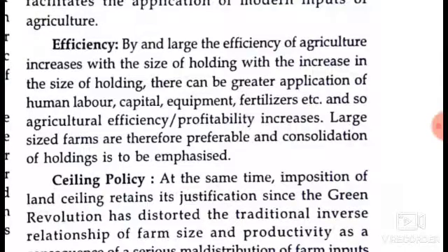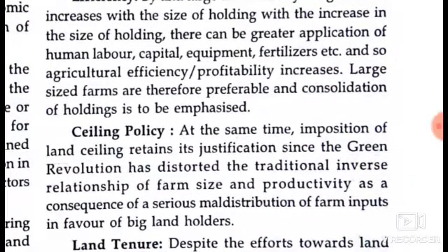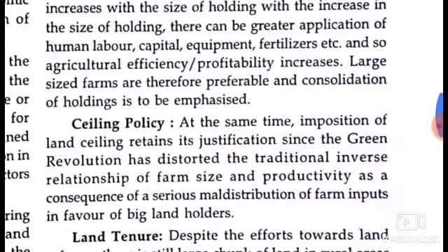By and large, the efficiency of agriculture increases with the size of holding. With the increase in the size of holding, there can be greater application of human labor, capital, equipment, fertilizer, etc. And so agricultural efficiency and profitability increase. Large-sized farms are therefore preferable, and consolidation of holdings is to be emphasized.